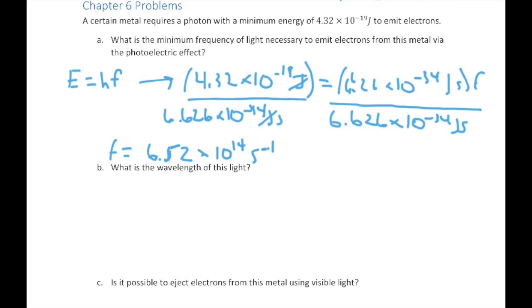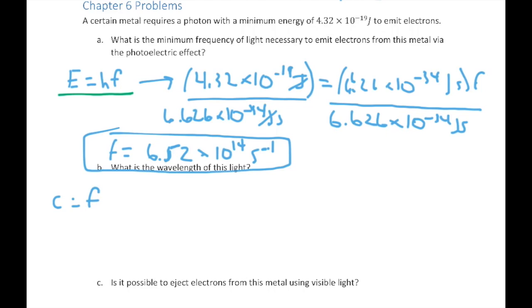So part B asks, what is the wavelength of this light? So again, we have frequency, and we want to know wavelength. So think of some formula that involves both frequency and wavelength. So I think of c equals f lambda. And you know what c is?